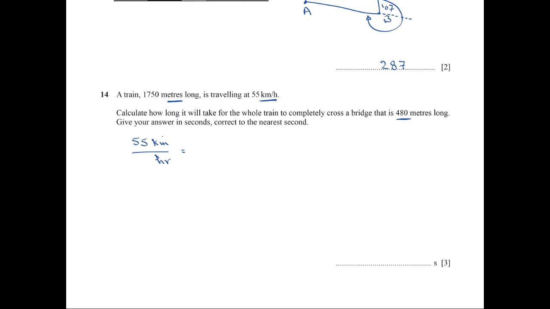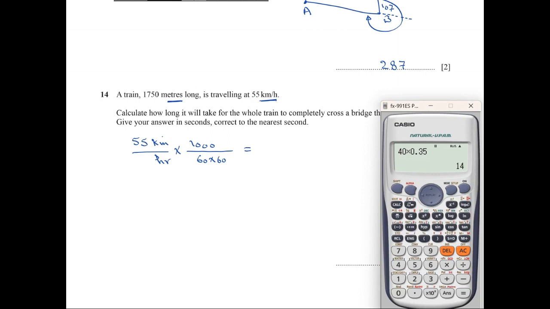If you don't know that, you can simply transform kilometers into meters by multiplying by 1000, and hours into seconds by multiplying by 60 to transform into minutes, and then times 60 again to transform into seconds. 55 times 5 over 18 is equal to 275 over 18.